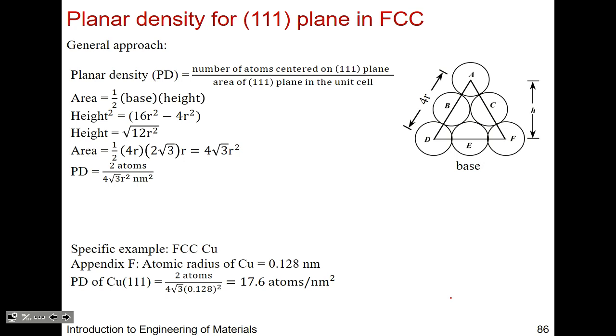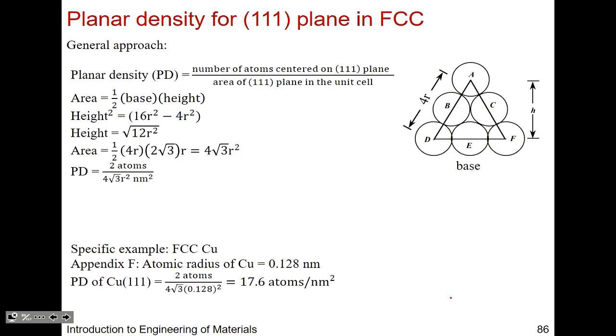So the planar density is defined the same way. The number of atoms, but now it's on a plane. So how many atoms are on this plane within the unit cell? And then what is that area? And that's it. Before we had atoms divided by length. Now it's atoms divided by area, because it's a plane. The area of this triangle is just 1/2 base times height. You can work out the trigonometry here, right?